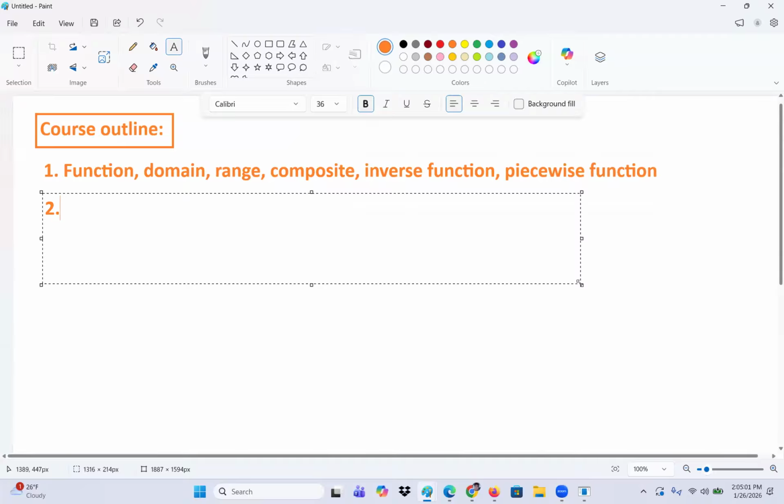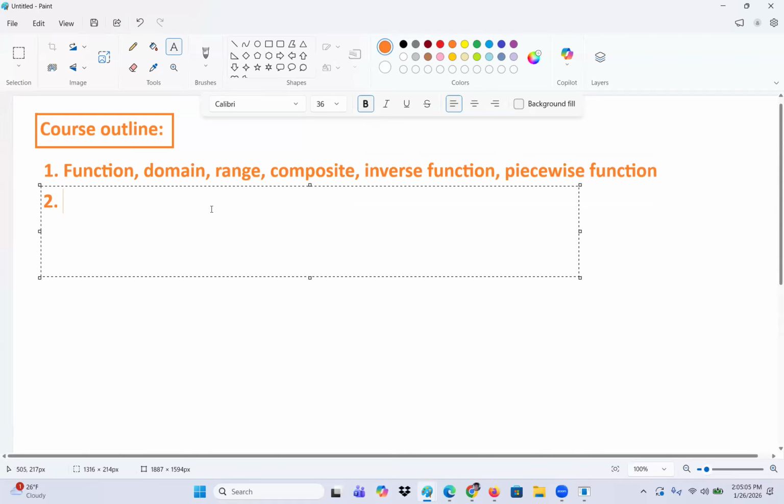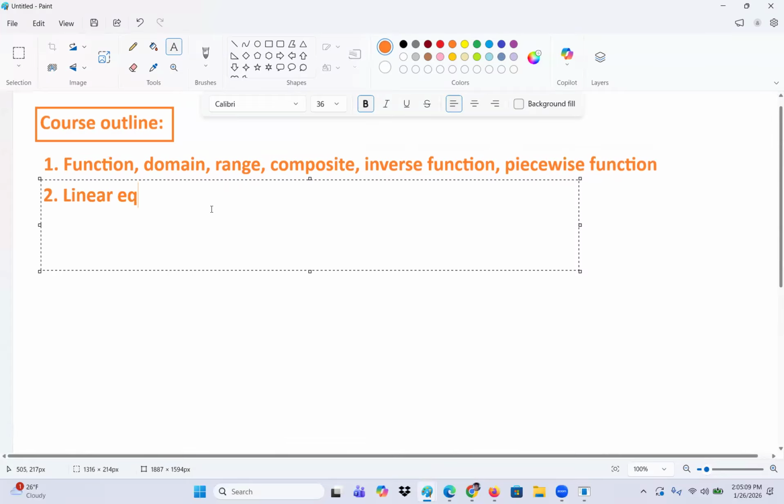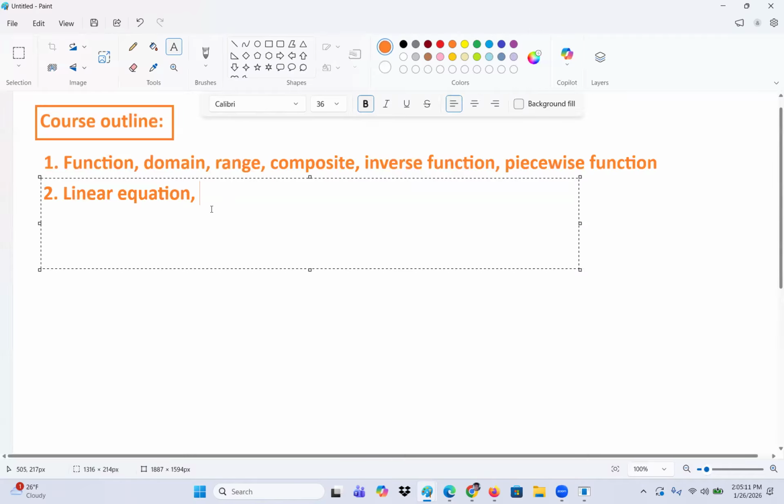And for the second chapter, we're going to learn about the linear line, equation, and parabola or something like that, which is a quadratic function.